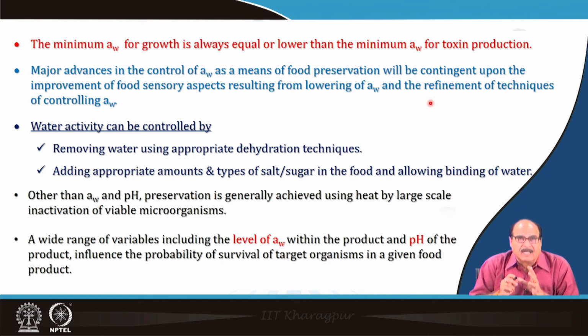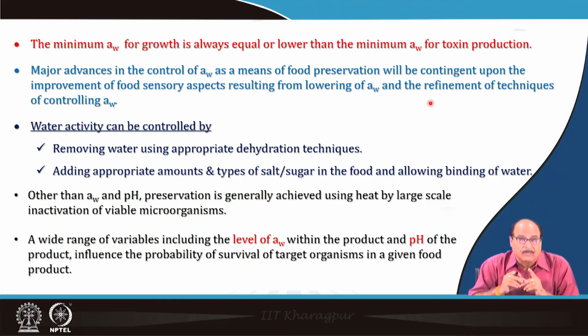Major advances in the control of water activity as a means for food preservation will be contingent upon the improvement of food sensory aspects resulting from lowering of water activity and the refinement of techniques for controlling water activity, because if you lower the water activity, it adversely affects the sensory characteristics of the food. Water activity can be controlled either by removing water using appropriate dehydration techniques or by adding appropriate amounts and types of salt or sugar to the food and allowing the binding of water.